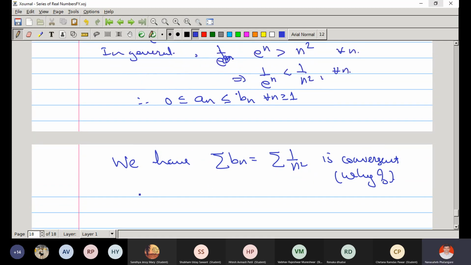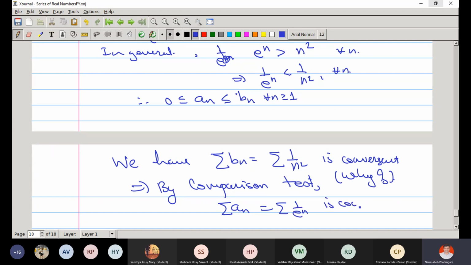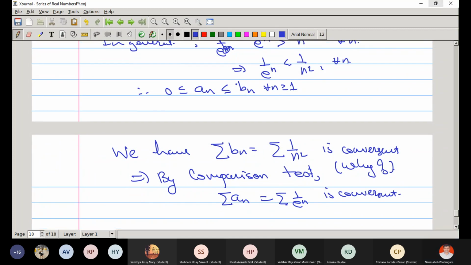P is greater than 1. And therefore, by the comparison test, what can we say? An is convergent. Right. 1 upon e to the power n is convergent. So this sum is definitely finite, no doubt.